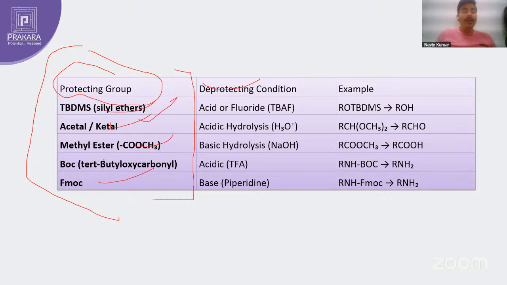For example, the tertiary butyl can be eliminated with trifluoroacetic acid or TFA, that is, in acidic condition. So you need to remember, for example, FMOC can be deprotected by piperidine.